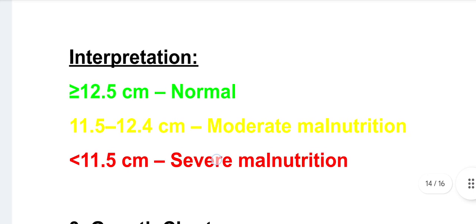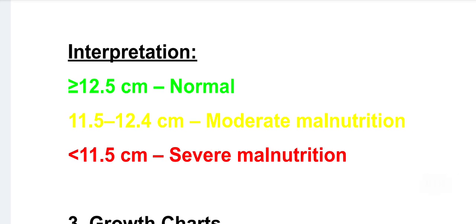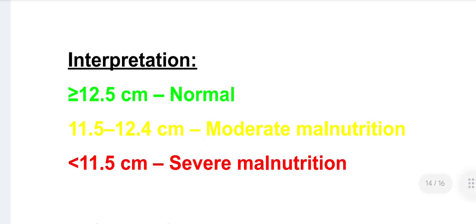The interpretation of MUAC is simple, and you must know it as a nurse. When it is greater than or equal to 12.5 centimeters, this is considered normal, meaning the child is growing under good nutritional status.